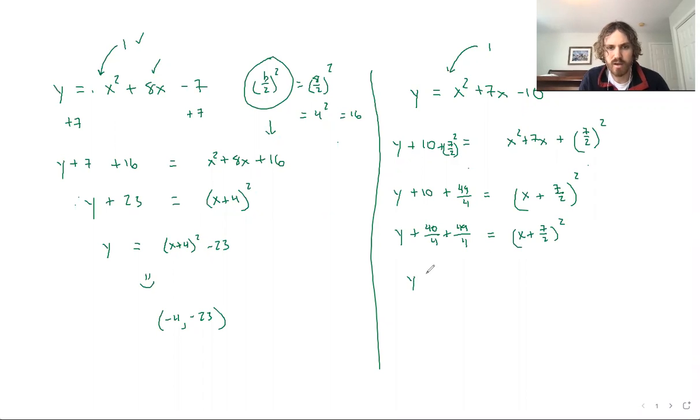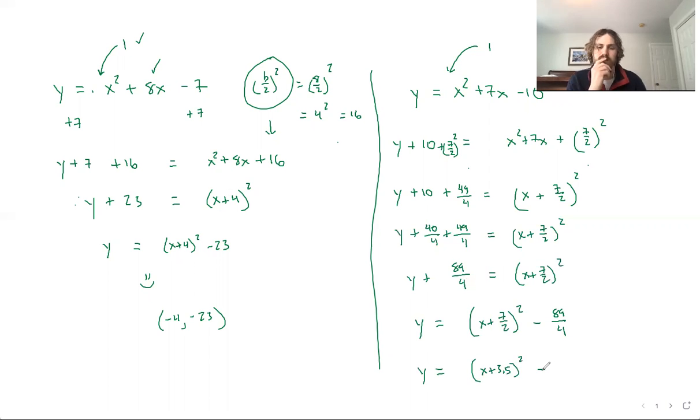So this is y plus, I guess that's going to be 89 fourths, is equal to x plus 7 over 2 squared. And then I'll just subtract 89 fourths to get y equals x plus 7 over 2 squared minus 89 fourths.